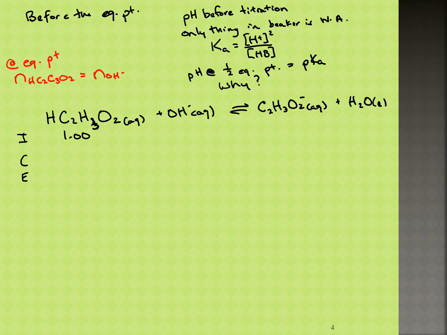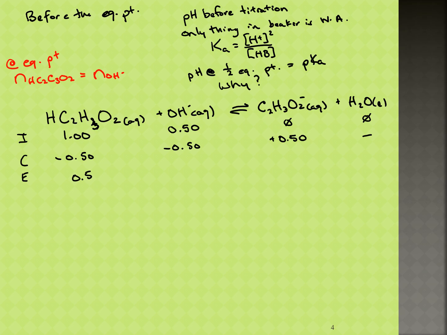At the equivalence point, I would have 1 mole of hydroxide. But halfway to the equivalence point, I would only have 0.5 moles of hydroxide. I would have half as much halfway to them being equal. So the change would be that these are both going to go down by 0.5, and the acetate anion is going to go up by 0.5.